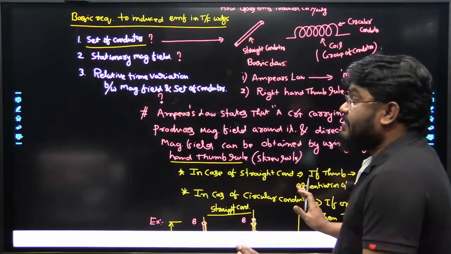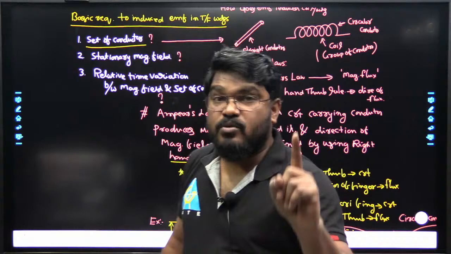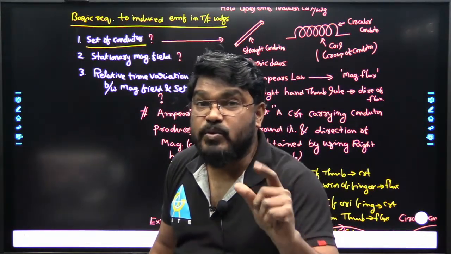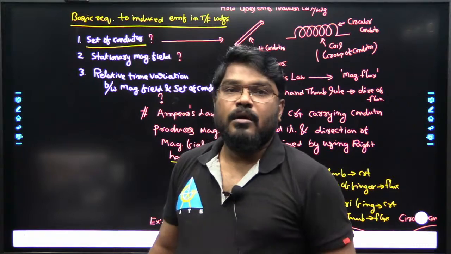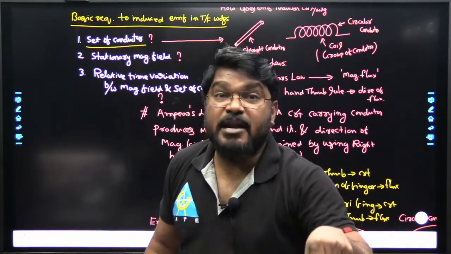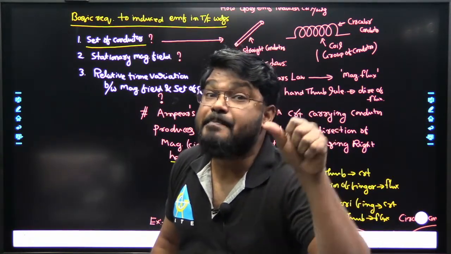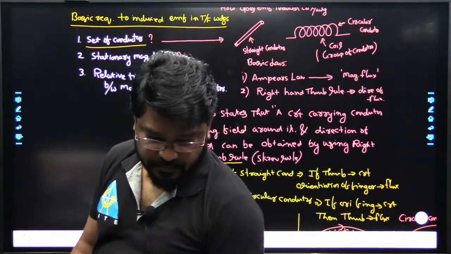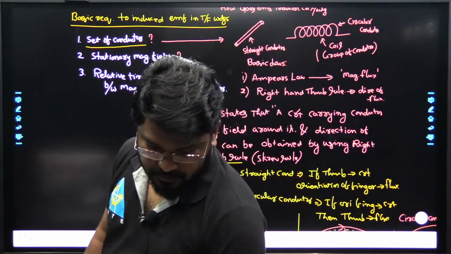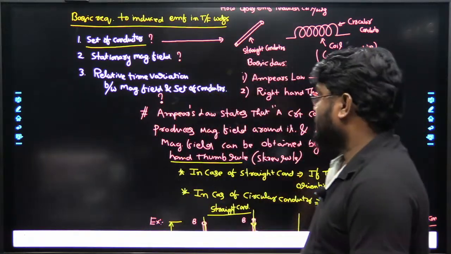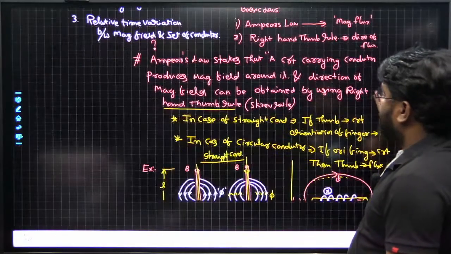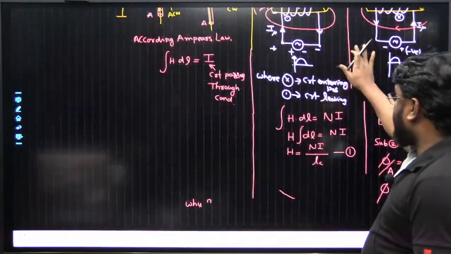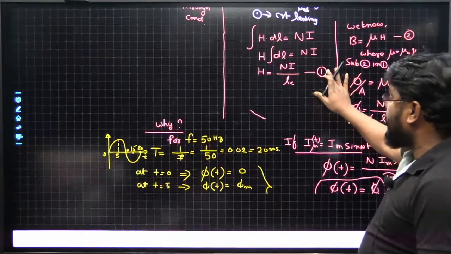Now have we understood my point? How do we find the direction of the flux? The direction of the flux can be obtained by using the right hand thumb rule, and the magnitude of the flux can be obtained by using Ampere's law. So what is the formula to get the flux here?